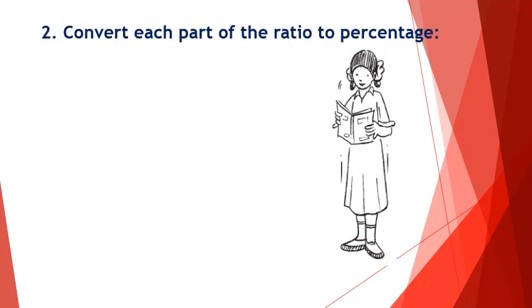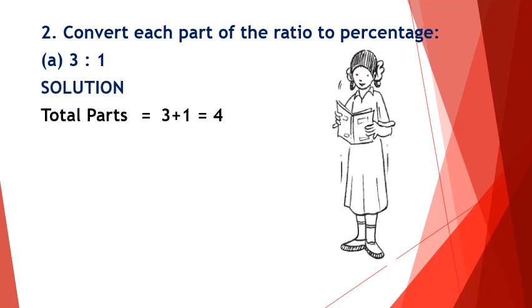Next question. Convert each part of the ratio to percentage. First one 3:1. We know how to convert the given ratio into percentage. Here we have to convert each part of the ratio into percentage. So we can write total parts equal to 3 plus 1 equal to 4.